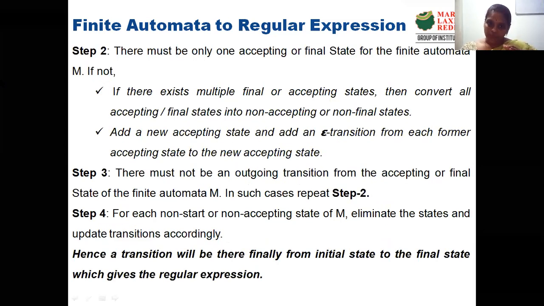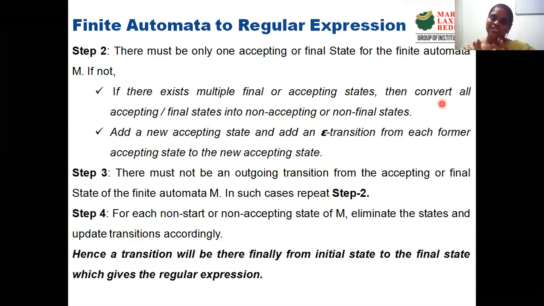Now coming to step 2. In the finite automata, you should have only one accepting state or final state. Some automata can have multiple final states. In case of multiple final states, convert all such final states into non-final states.